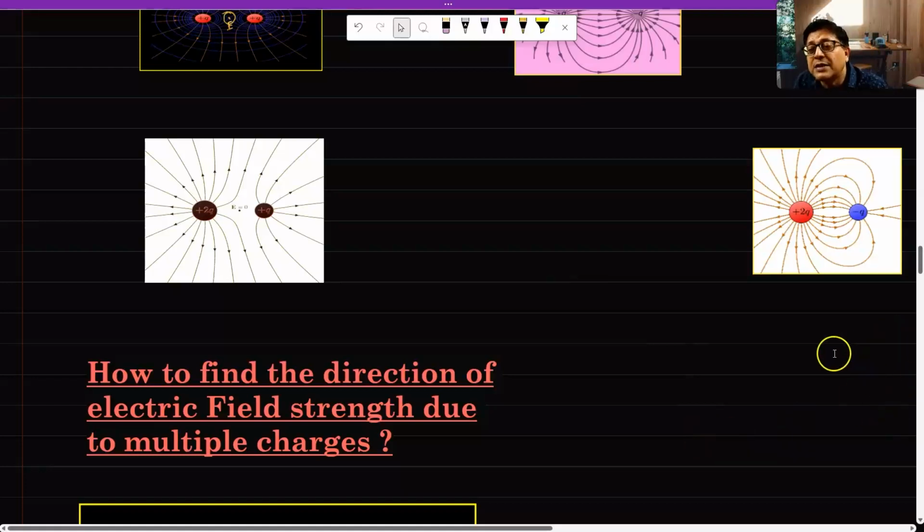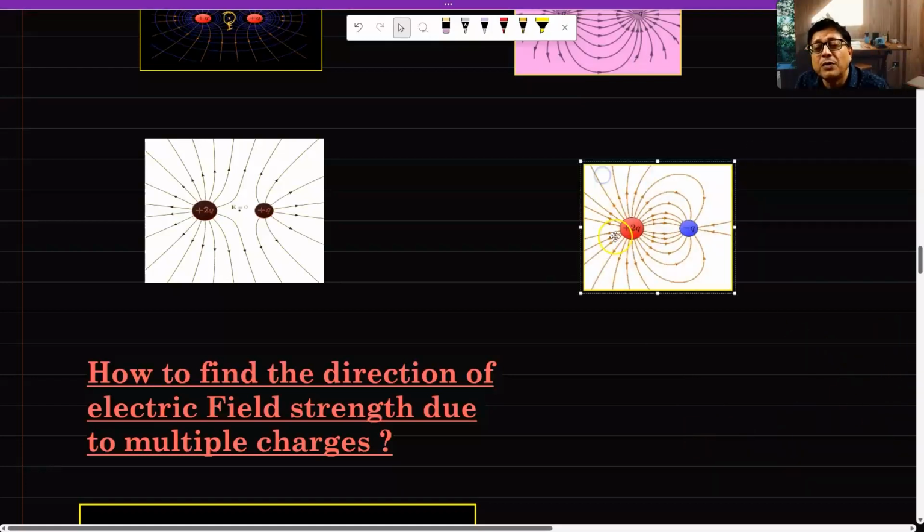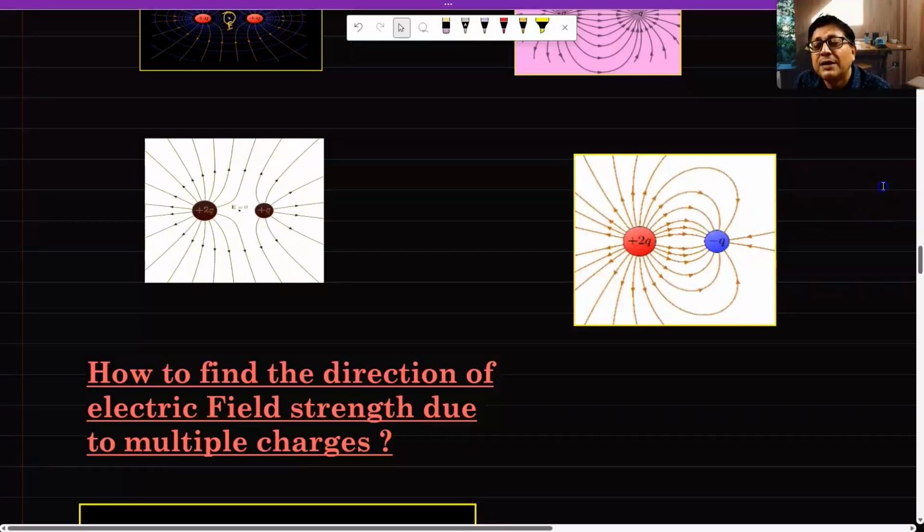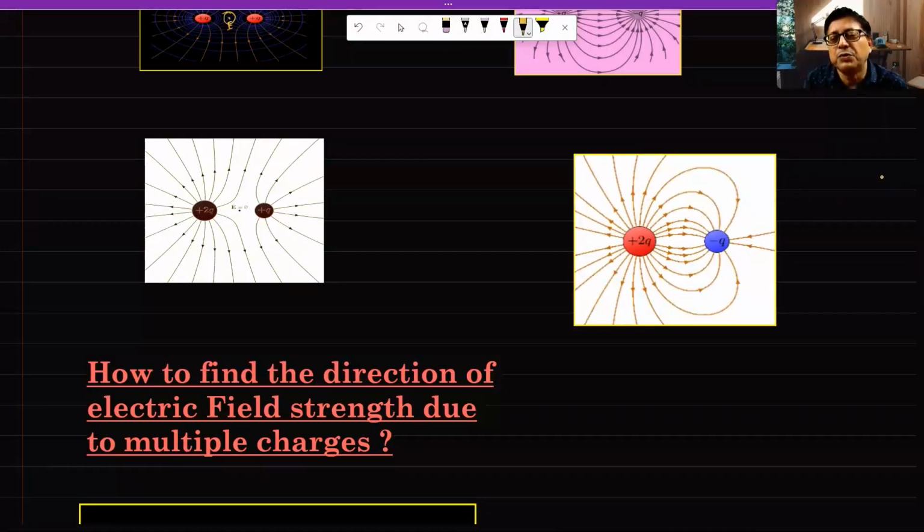What will happen in this case? Is it same for 1 plus 2q and 1 minus q charge? Yes, similar is the situation. You just observe this picture here that minus q. How many field lines are entering into it? Just let us count one by one. 1, 2, 3, 4, 5, 6, 7, 8, 9, 10, 11, 12, 13, 14. Okay.